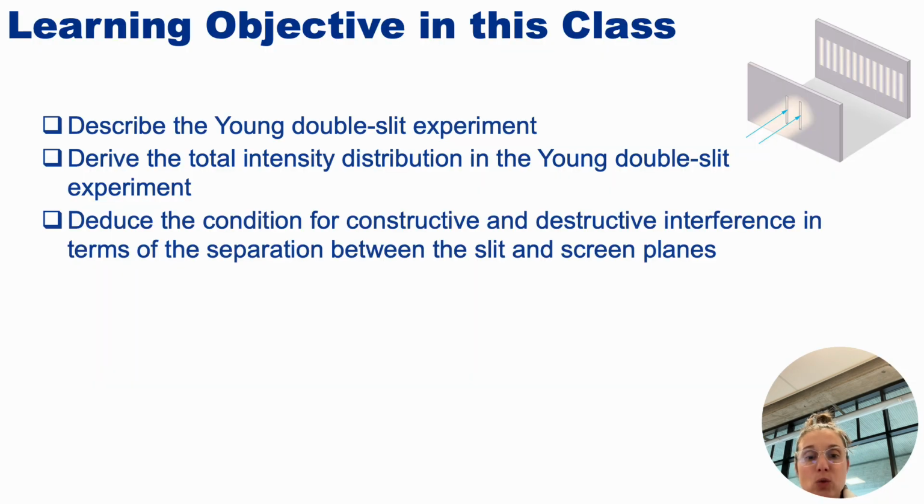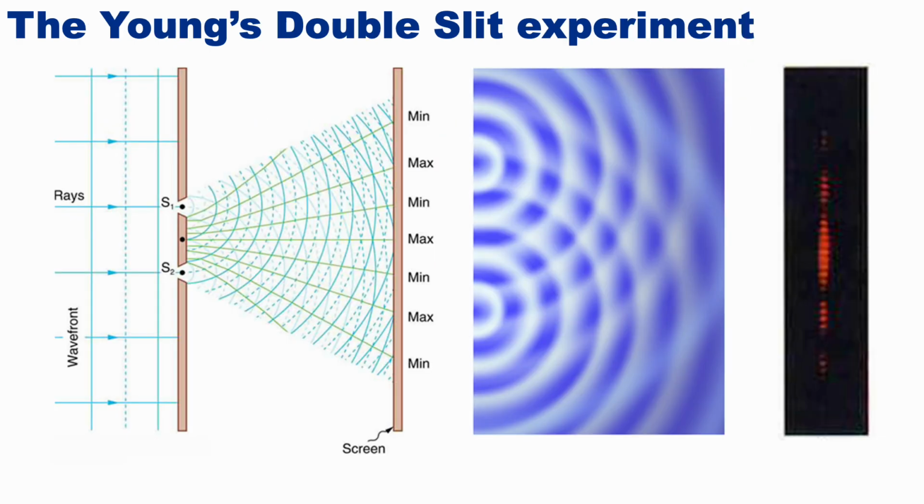In this video we're going to describe Young's double-slit experiment. We're going to derive how the total intensity distribution changes in the double-slit experiment, and we're going to deduce the condition for constructive and destructive interference in terms of the separation between the two slits and the observation plane.